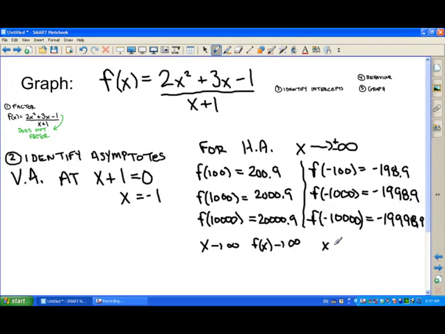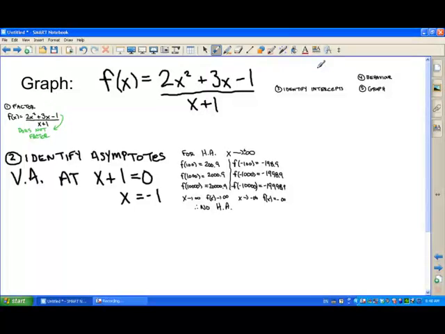And as x approaches negative infinity, f of x is also approaching negative infinity. So we haven't really learned anything from this except the fact that there is no horizontal asymptote. It's not approaching anything. But let's go a little bit further with this.